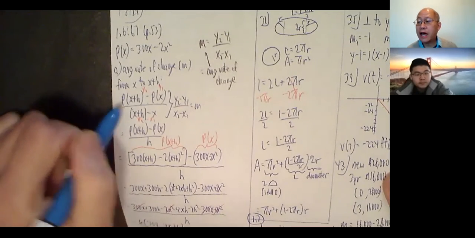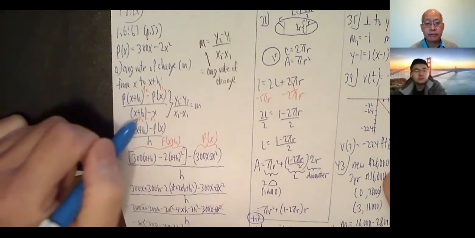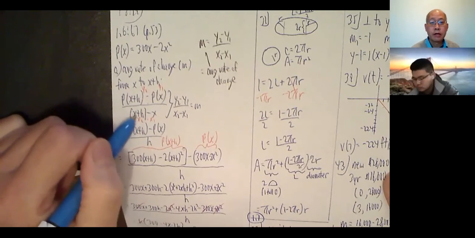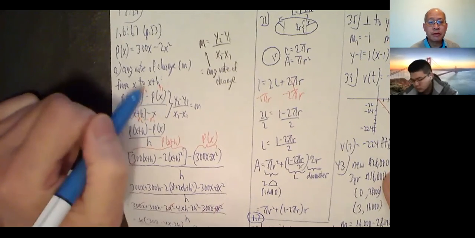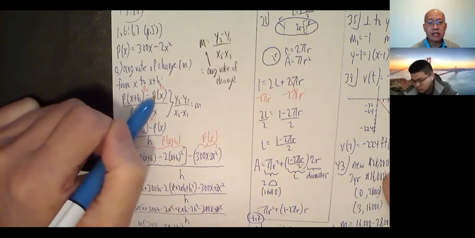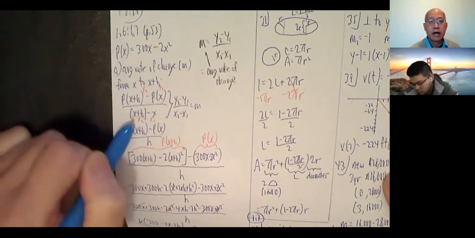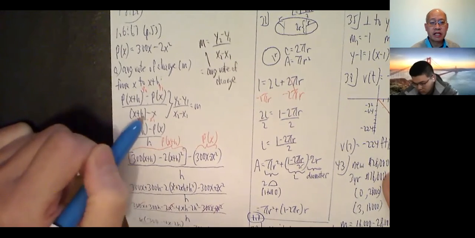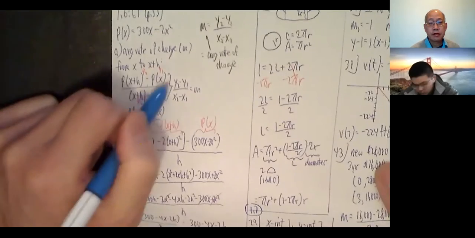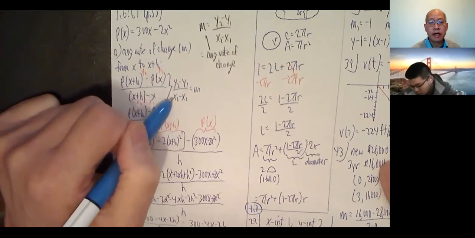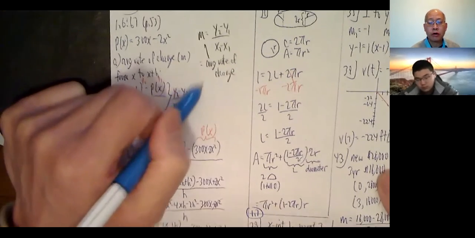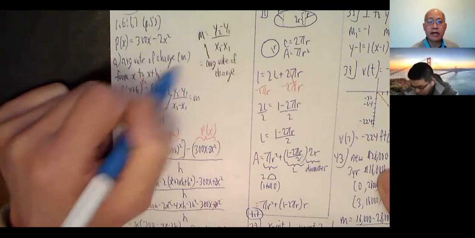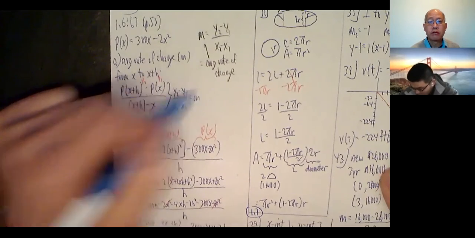Now when you get to calculus, you'll see this expression quite a bit. So P of X plus H minus P of X, because I'm going from X to X plus H, and you divide it by X plus H minus X. That's Y2 minus Y1 divided by X2 minus X1, or the slope. So the slope of the line that would join these 2 points is the average rate of change.